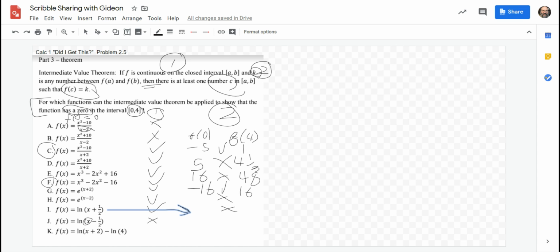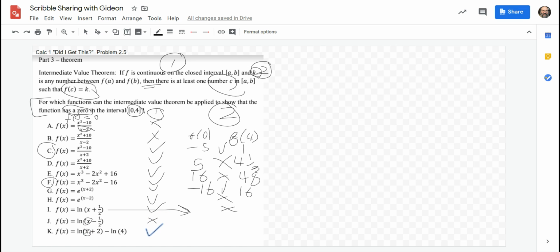The final one, log of x plus 2 minus log of 4. This one is also good because a minimum of 0 for the x, log of 2 works. A maximum of 4 for the x, log of 6 also works. So it is continuous on the interval.